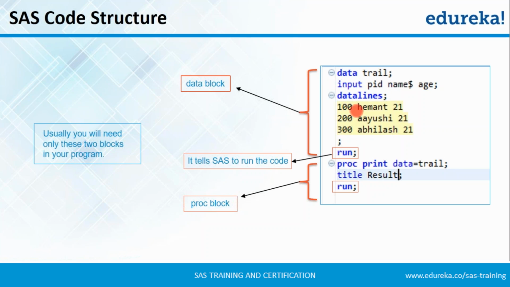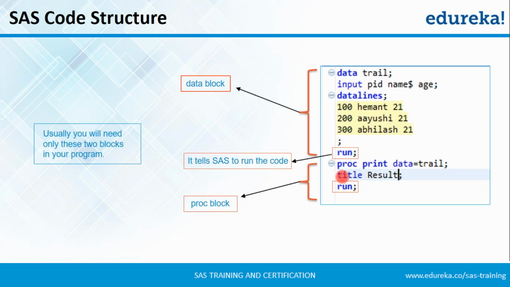And then after each block, that is the data block and the procedure block, you have to enter the run as well. So run basically tells SAS, okay, run this particular block now, right? So run is very important, and after it, a semicolon will again come, right? So run tells SAS to run the code, and this is the data block, which basically includes all the operations related to your data set.